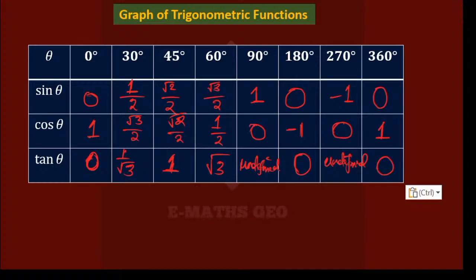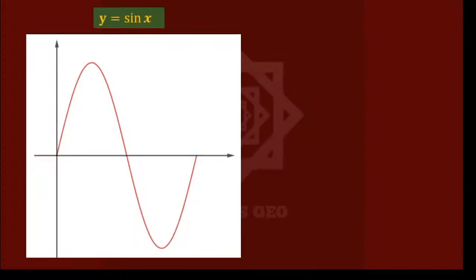So let's look at the first one, which is sine. I used an app so that it will be very neat. The graph of y equals sine x is always like this.